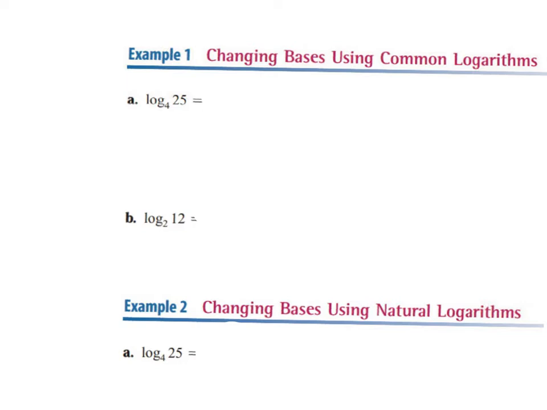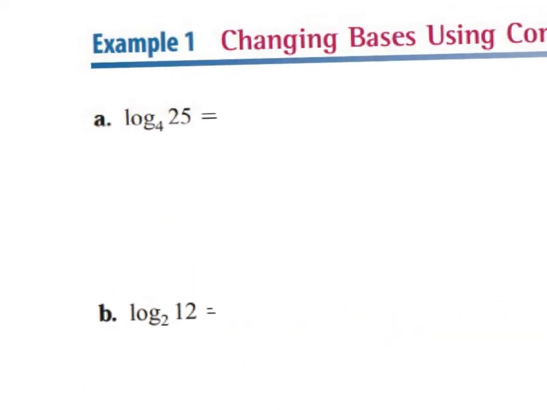Look at the log base 4 of 25. Everybody see that? See how it's set up? Okay. The log is base 10 on your calculator. So what you're doing is you're changing it from log base 4 to log base 10. And the way you do that is you write the word log. Everybody with me? We're going to write the word log.